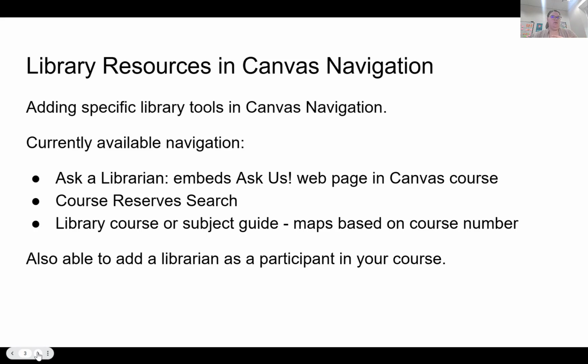Currently we have Ask a Librarian, which embeds the Ask Us page in there. We have a course reserve search, and then we also have a tool that embeds a library course or a subject guide into your class automatically, and I'll talk about this in a little bit. The other thing you're able to add at this point is a librarian as a participant in your course. I'm going to switch over here to Canvas, and I'll show you exactly what that looks like.